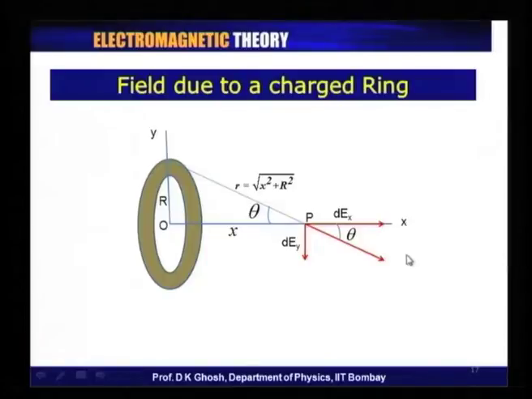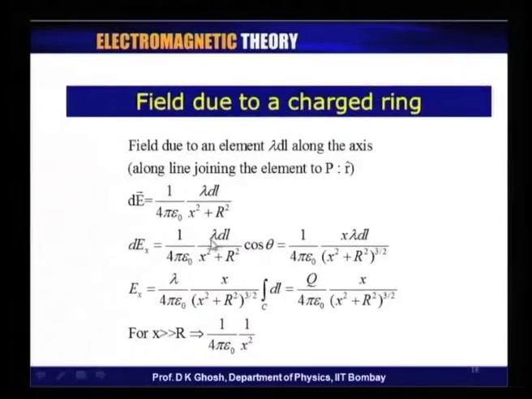So, this is the direction, and if this angle is theta, then the x component of the field is dE cosine theta and the y component of the field is dE sin theta. So, this is what I have written down, lambda dl by x square plus r square. This is a constant, because x is a fixed number, r is the radius, cosine theta.